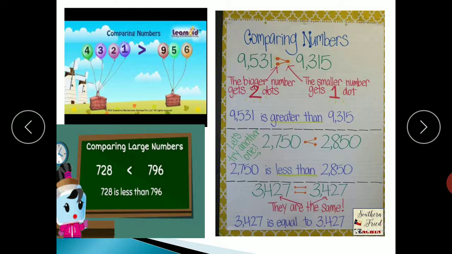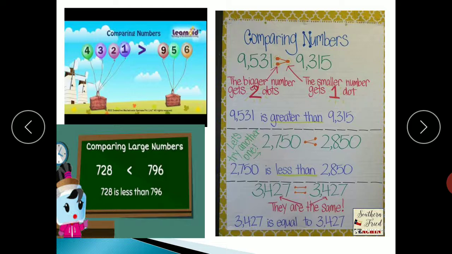Now the greatest 1 digit number, children, is 9. Similarly the greatest 2 digit number is 99. The greatest 3 digit number is 999. The greatest 4 digit number is 9999.